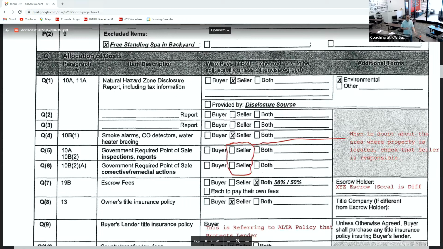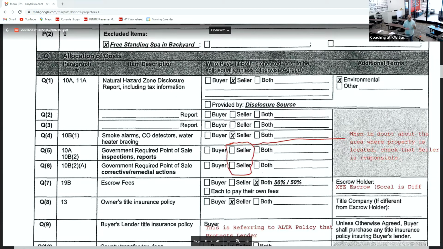Are there old mines underneath the property? Anything like that is a statutory disclosure that California says the seller must disclose and will be included in that report.